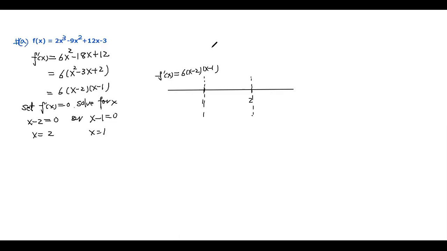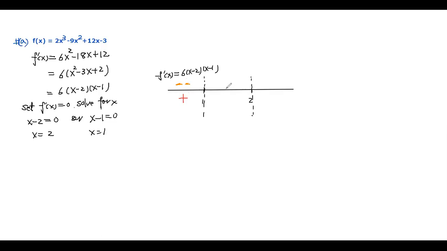So let's take a look here. If I choose 0, then 0 minus 2 is negative 2, so it's minus, and 0 minus 1 is also minus. Minus times minus, I have a positive. Now for this interval, you choose anything in between.